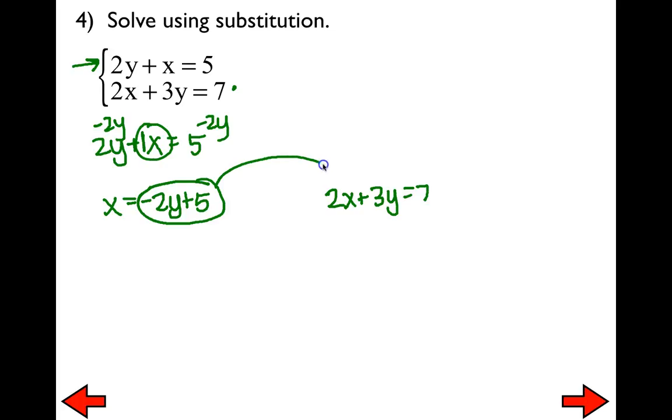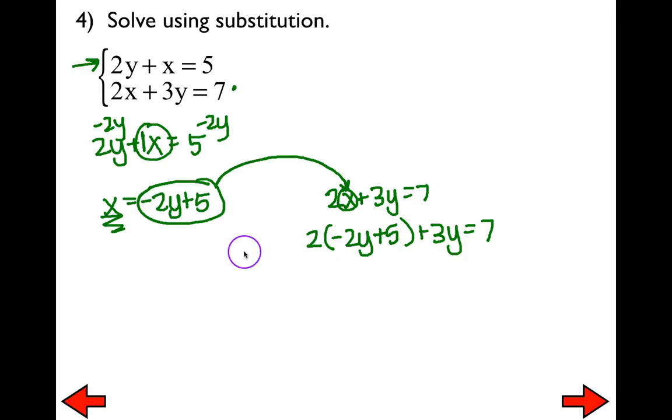In this case, we substituted in for x because it's x equals. So you're going to do 2 times the quantity negative 2y plus 5, plus 3y equals 7. So this is exactly what I was trying to remind you. In this case, when we're substituting, you're going to notice that you are going to have to distribute and you are going to have to combine like terms. So you just got to be very careful with that.